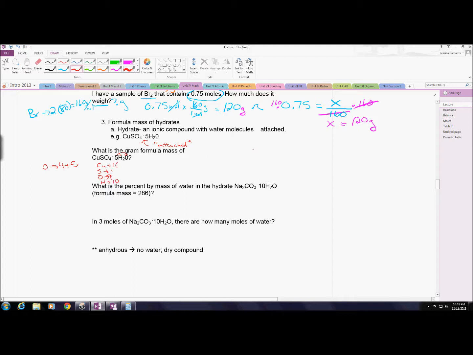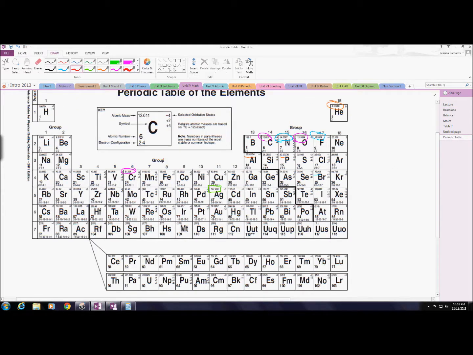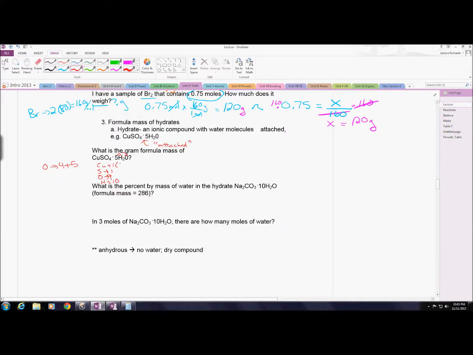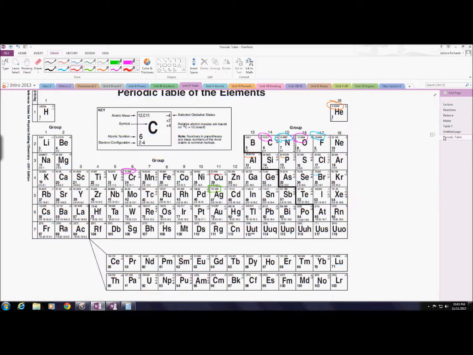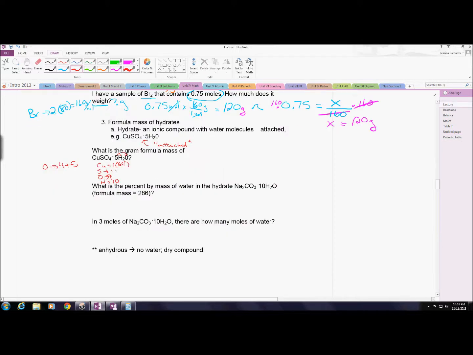So copper's formula mass is going to be, when we look over here, copper is next to zinc, 63.5, so we're going to round that to 64. Sulfur we haven't looked up yet. Sulfur right under oxygen is 32. Oxygen we have looked up at 16, and the hydrogen at 1.